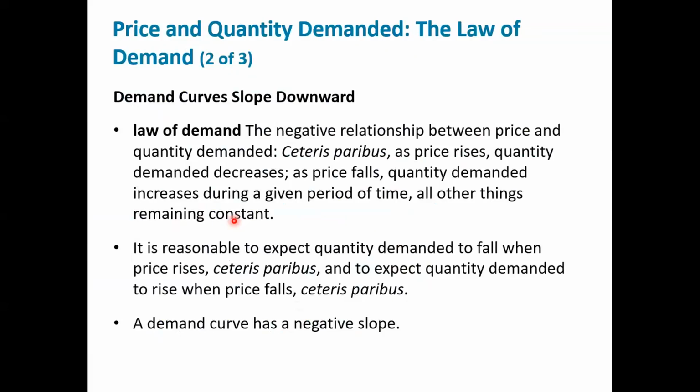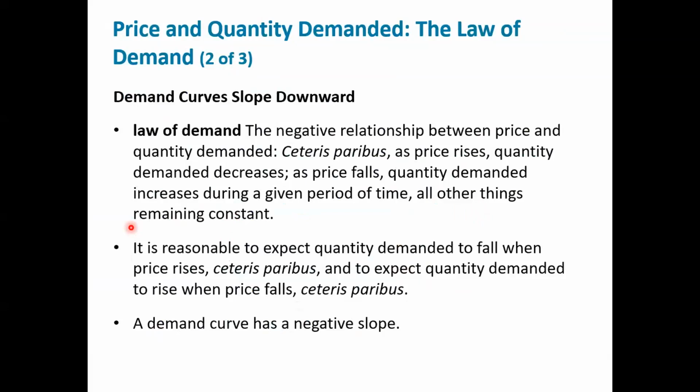And there was one year where the price went up and quantity demanded went up. And it looked like it was a violation of the law of demand, but it wasn't. What happened was this. Everything else wasn't remaining constant. They changed advertising, and they actually started advertising for certain things. And that led to the change.